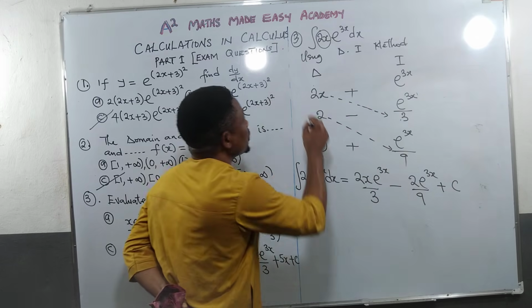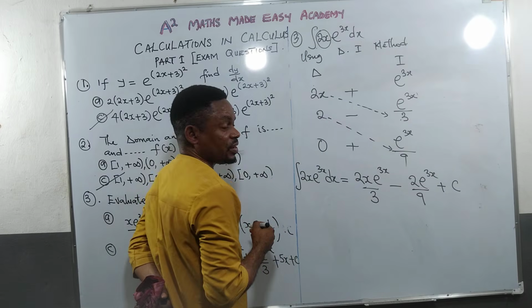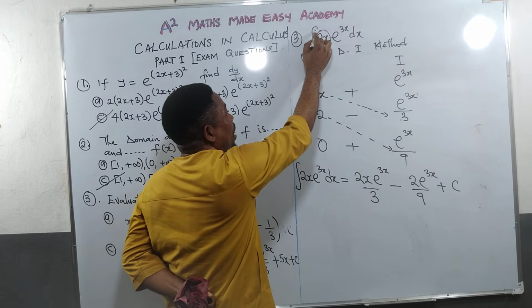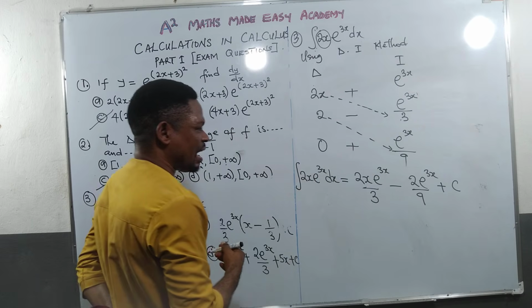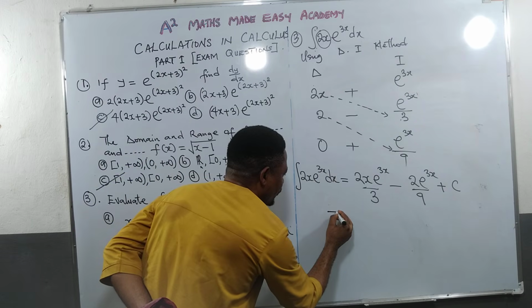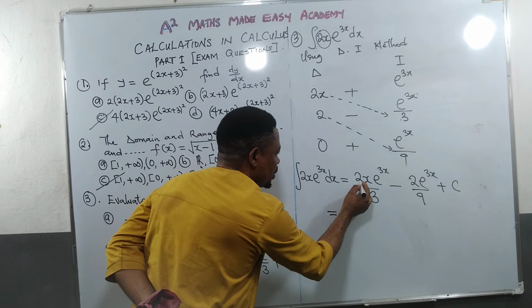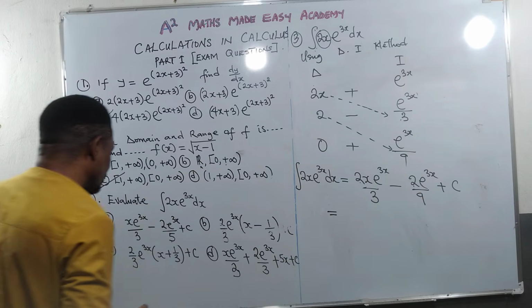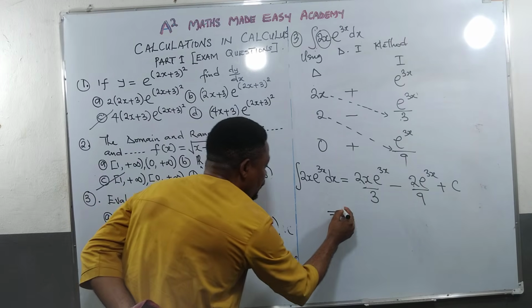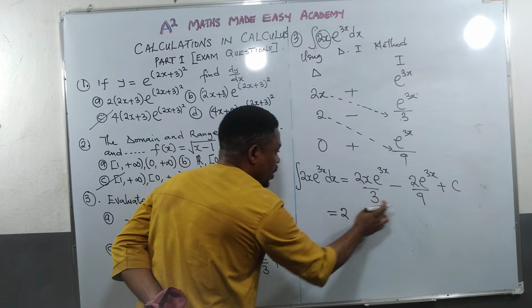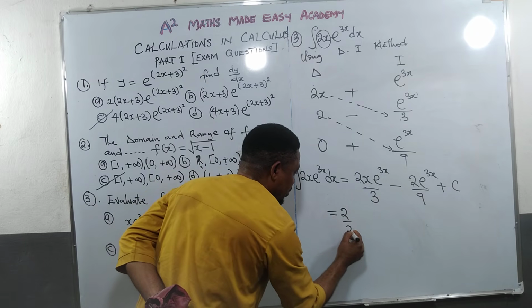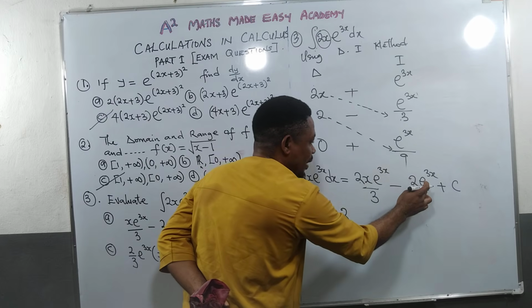The reason is because this type of integration is indefinite. It has no bounded upper limit and lower limit. Can you observe that I've gotten it already? Now I can factorize. There is 2 here, there is 2 here. Are you with me now? So I'll factor out 2. 3 can go, 3 can go. Then over 3. Now there is expo, there is also expo.